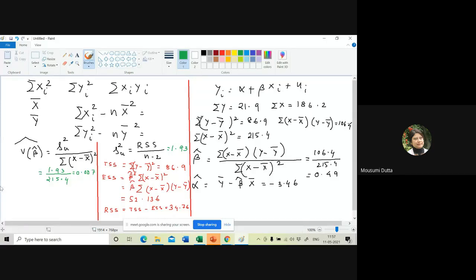Okay. In a similar way, once you have the information on Su squared, find out the variance of alpha hat and also find out the covariance. Derive these two things. Check the formula and do these things.